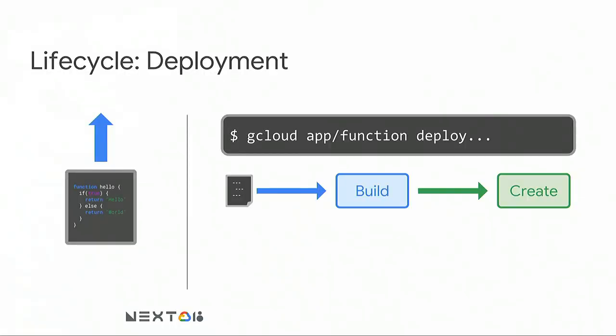Okay, first of all, deployment. You enter this command into your CLI, or you use the UI, and the first thing that happens is build. Concretely in the case of App Engine and Cloud Functions, we're going to build a container image. And the latency there is going to be a function primarily of the file size and network speed to get the data up to us.